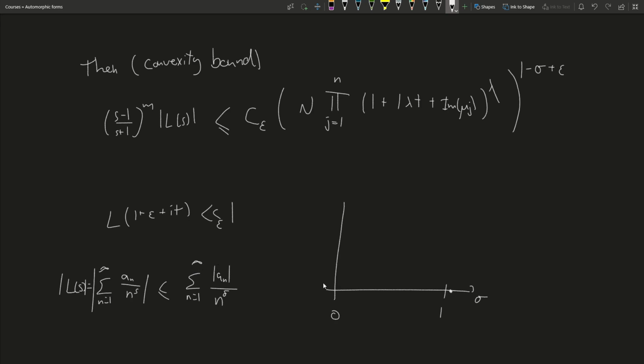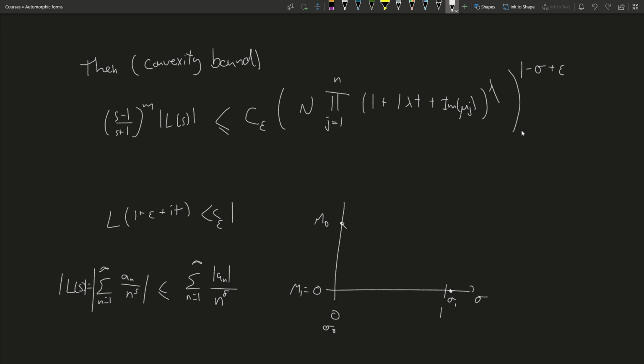So here you're guaranteed to have this is the uppercase M1 from the Phragmén-Lindelöf principle. This is maybe the sigma 1, and this will be your sigma 0. Then to get the other one, you use the functional equation, and you get some M0 from the functional equation.